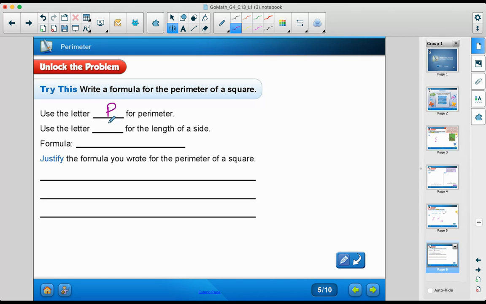Use the letter S for side. So the formula is P equals 4 times one of the sides. All the sides are equal, so we only have to know one side when we're finding the perimeter of a square.